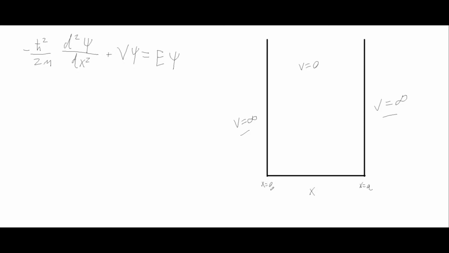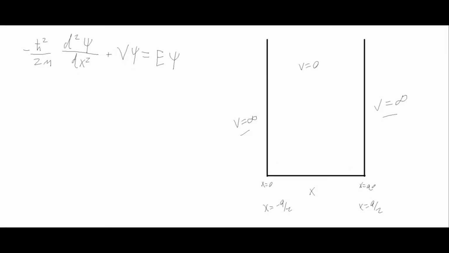You could maybe also do it with x equals minus a over 2 and then x equals a over 2, but this is a standard way where we start with the origin at x equals 0 and go to x equals a. So the width of our well is a.